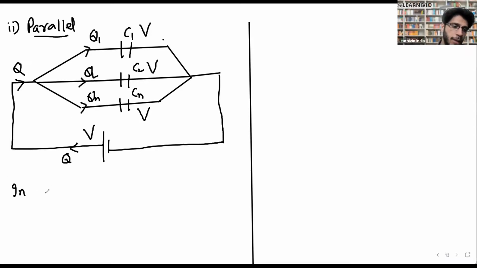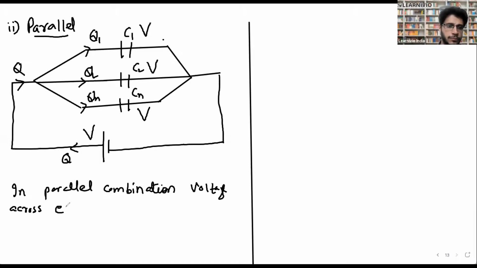So you can write, in parallel combination, voltage across each capacitor is same while charge divides.